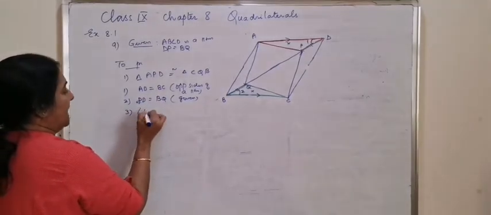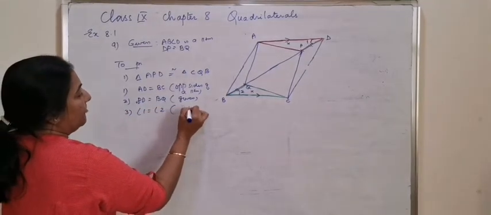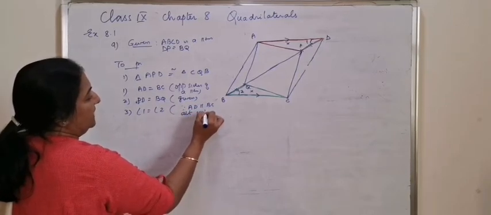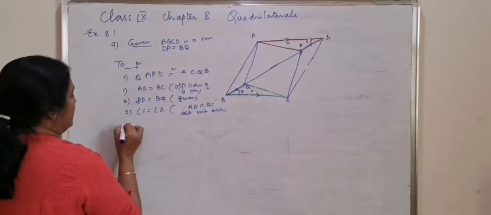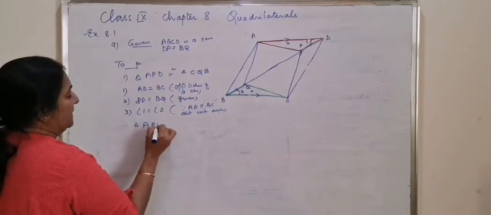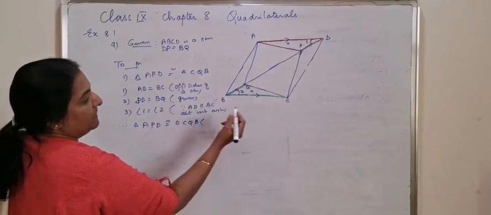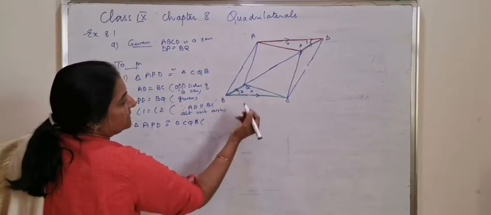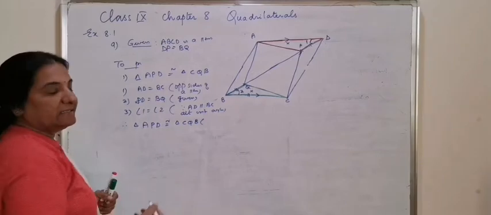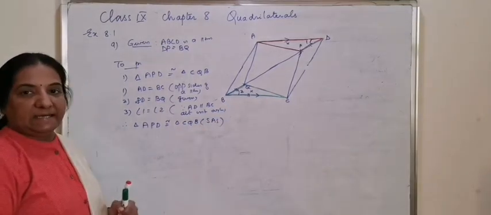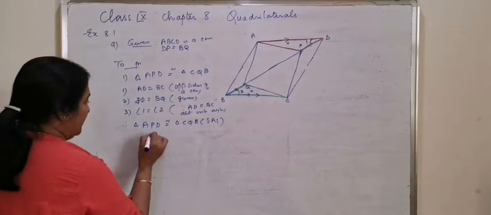So angle 1 is equal to angle 2, since AD is parallel to BC. Therefore, triangle APD is congruent to triangle CQB, since this side, this side, and this angle have been considered, which means the SAS criterion is used.